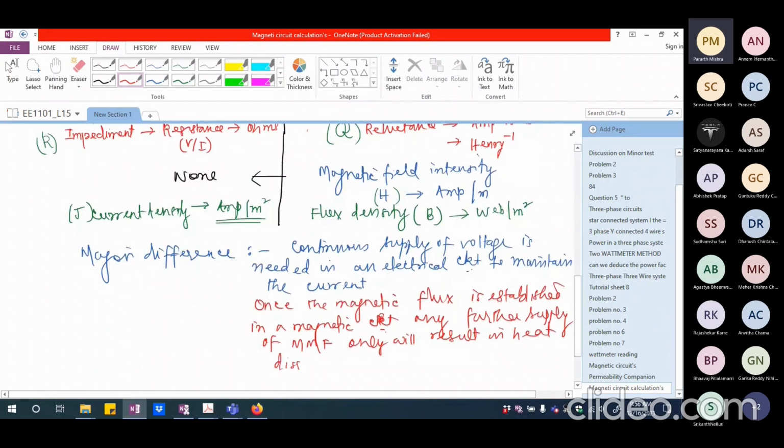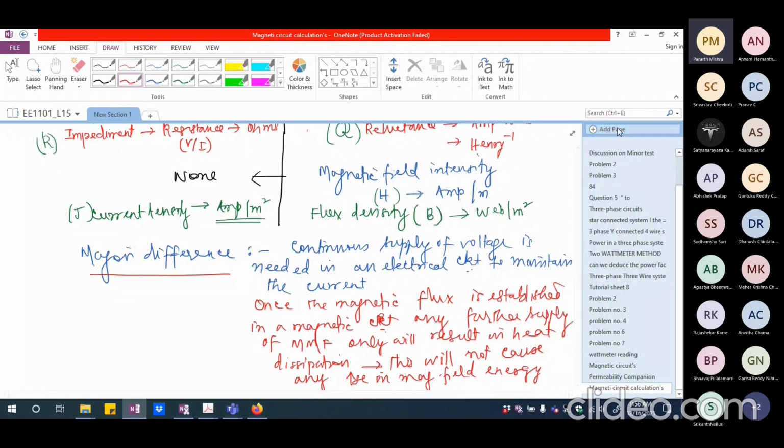It is not going to really go towards increasing the magnetic field strength or magnetic field energy. So this will not cause any increase in magnetic field energy. Okay, so this is the major difference between an electrical circuit and a magnetic circuit.